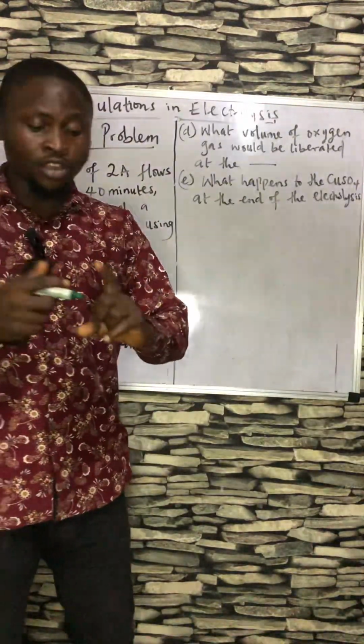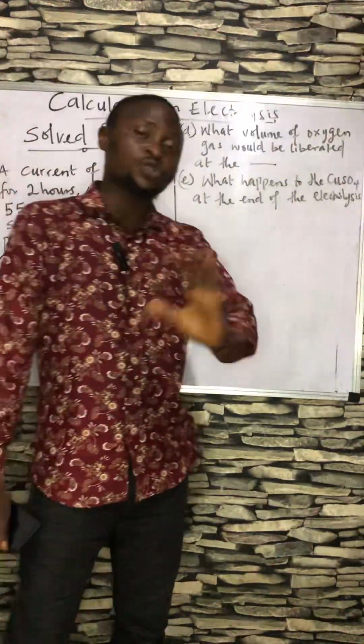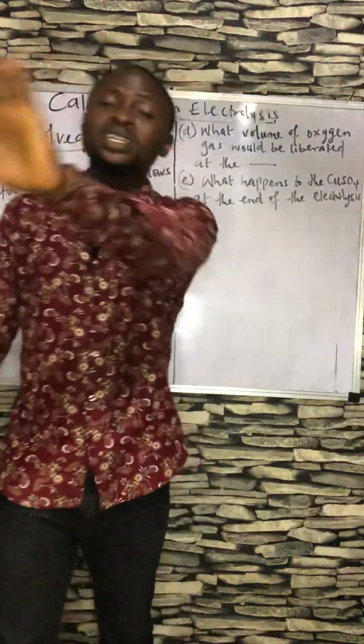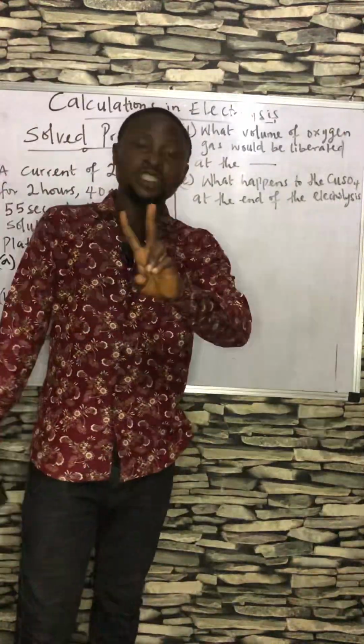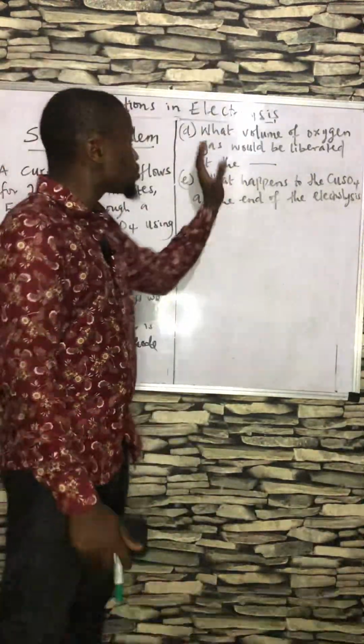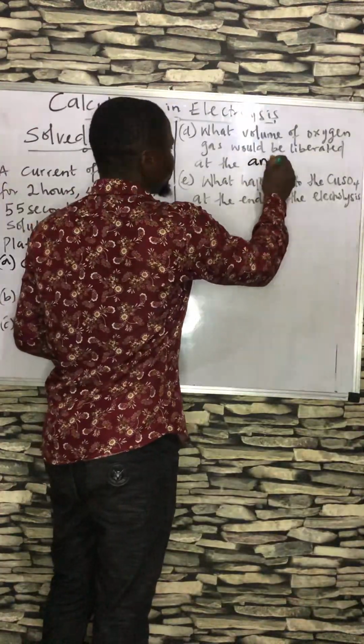Whenever you have hydroxyl ion migrating, you know it's an anion, and it has to migrate to the anode. Whenever it is preferentially discharged, two things will always be produced: water and then oxygen. So oxygen will be liberated at the anode.